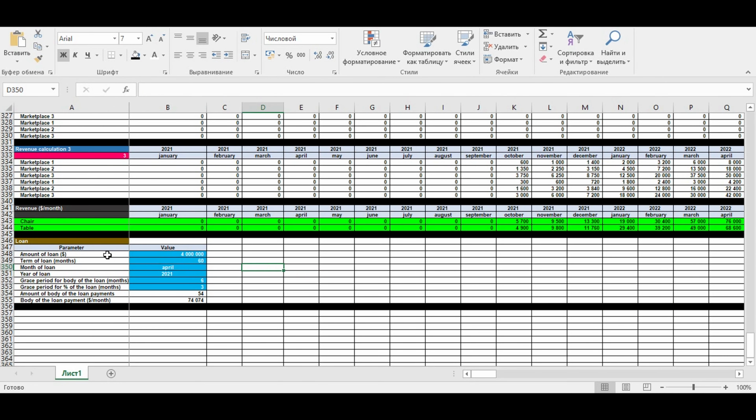Now we have to create the chronology for our loan.